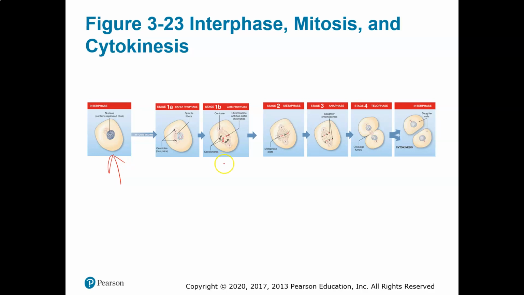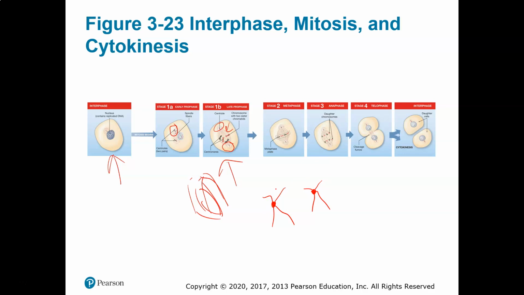By the end of prophase, you've got centrioles that formed at opposite ends of the cell, and all these fibers in the middle, which look kind of like a football shape, are the spindle fibers. They connect to each chromosome, and those chromosomes are red and blue. They look like X's because they're attached at the centromere.